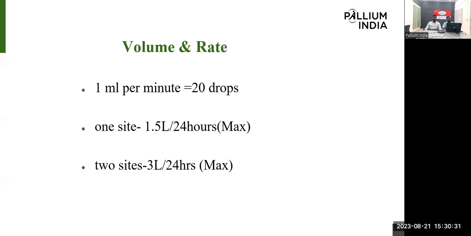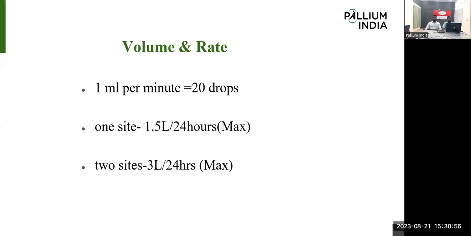If we choose one more site, again 1.5 liters we can give. So within 24 hours, in 2 sites, maximum 3 liters or 6 pints of fluid we can give. A third site is not possible.